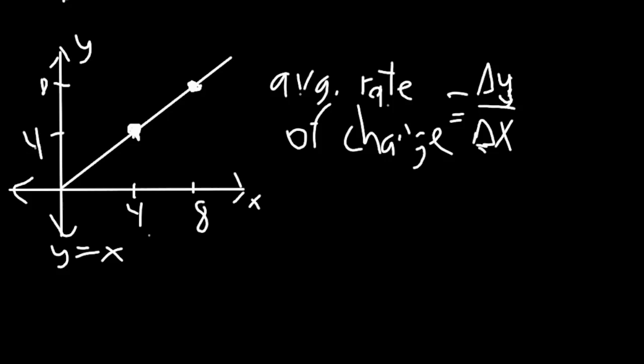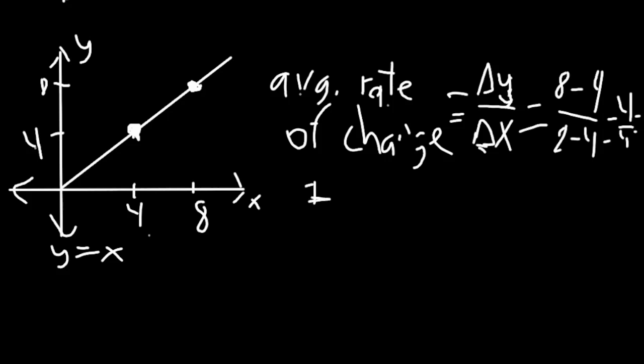Let's just go ahead and substitute in. y2 is going to be 8 minus y1, 4, over x2, 8 minus 4, which is going to be 4 over 4, and that's just going to be equal to 1. That is our average rate of change, or slope.